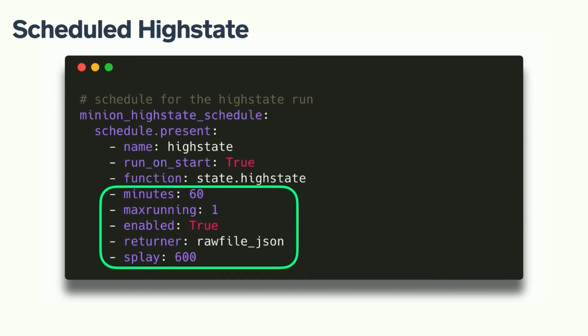This specific one, we want to say take all that output and return it as a JSON file and put it in the default directory for that returner, so we can look at it later if we wanted to. And then run it on a splay of 600 seconds, so not every particular hour, but with a splay of a couple minutes in between.